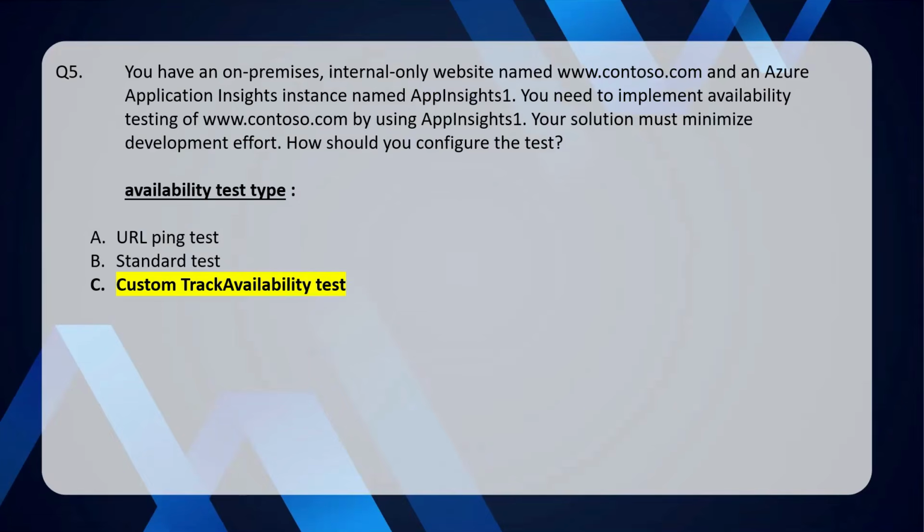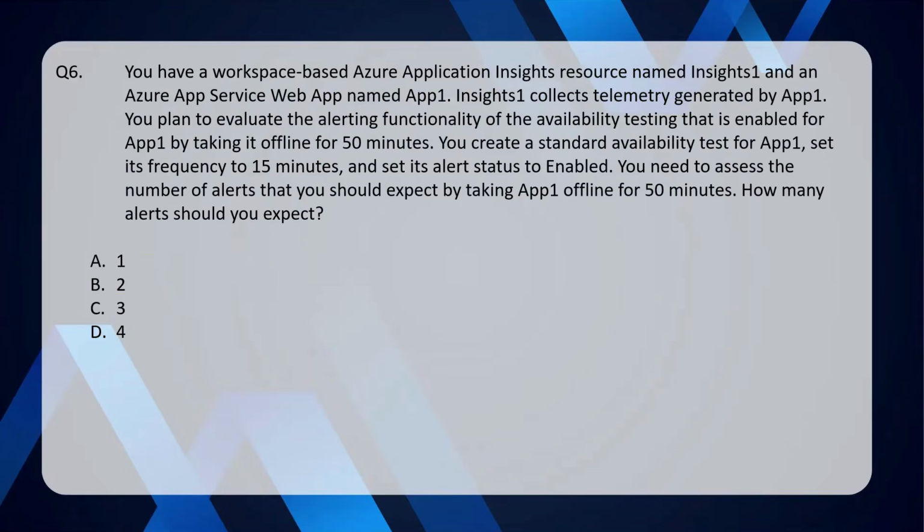Next question. You have a workspace based Azure Application Insights resource named Insights 1 and an Azure App Service web app named App 1. Insights 1 collects telemetry generated by App 1. You plan to evaluate the alerting functionality of the availability testing that is enabled for App 1 by taking it offline for 50 minutes.